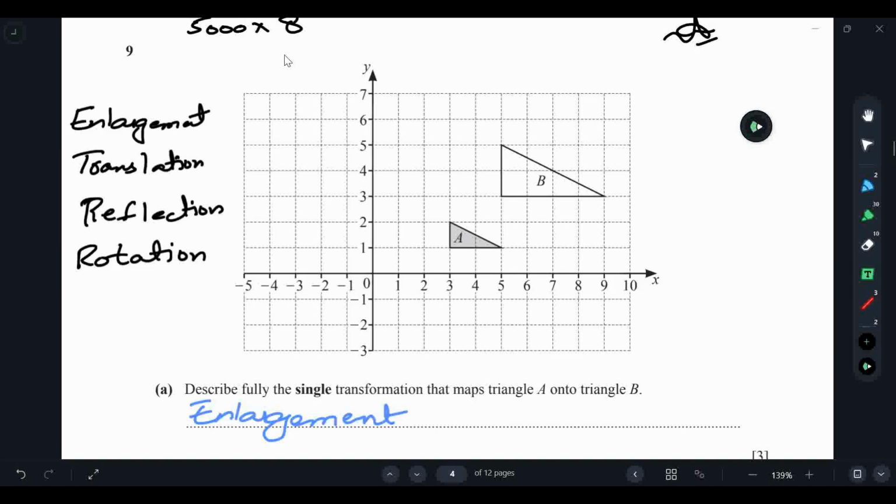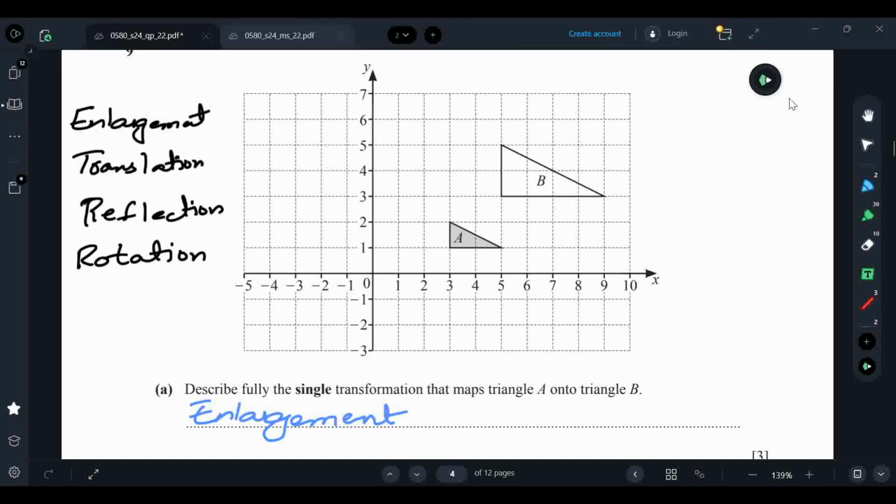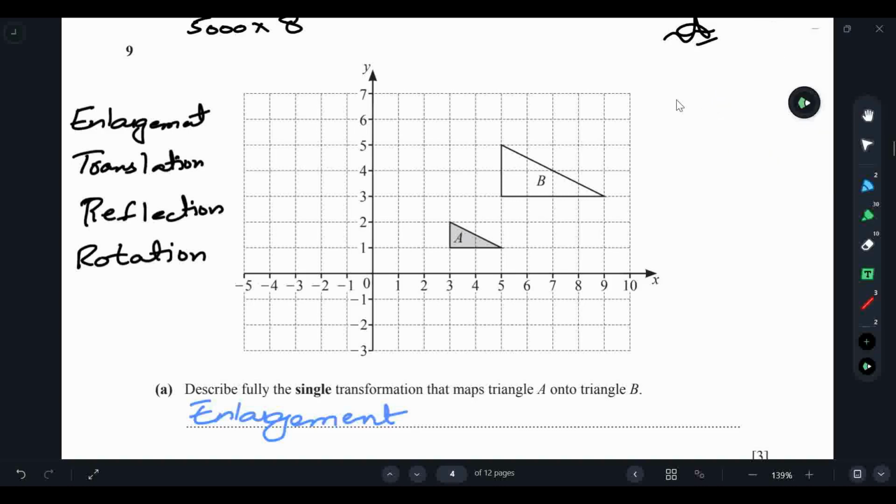Now the next thing we need to find out is the scale factor. We usually represent scale factor as size of image divided by size of object.